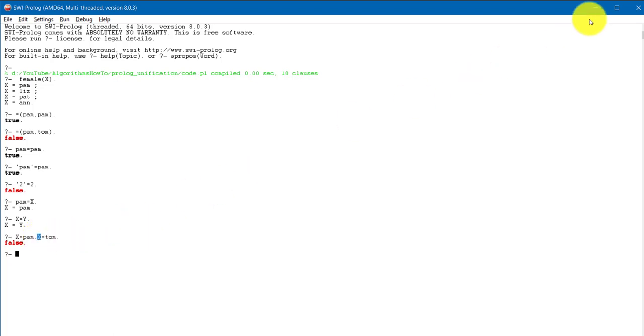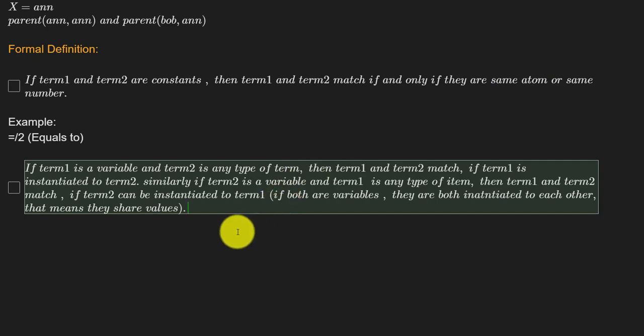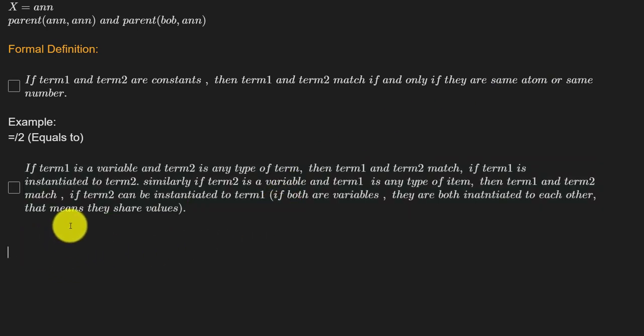So if I just go back to our blackboard, this is important to understand. Our query is X equals to Pam, comma, X equals to Tom, right? So this was our goal over here.